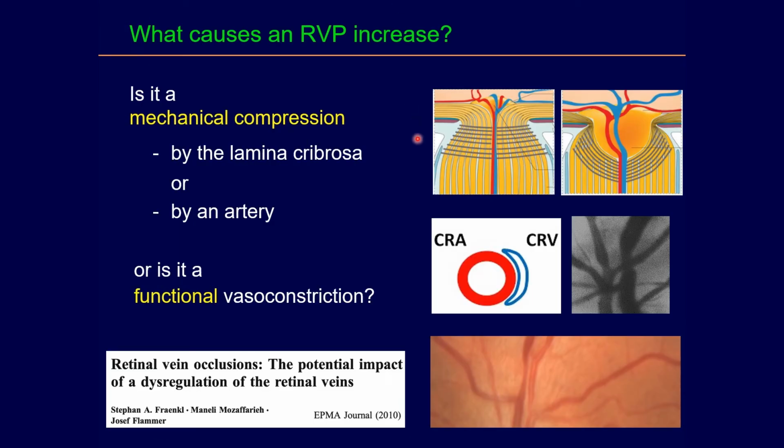But what leads to an increased retinal venous pressure? Is it a mechanical compression by the lamina cribrosa or by a stiffened artery? Or is it a consequence of a focal functional vasoconstriction, as we have postulated many years ago in the context of the pathogenesis of retinal vein occlusion?